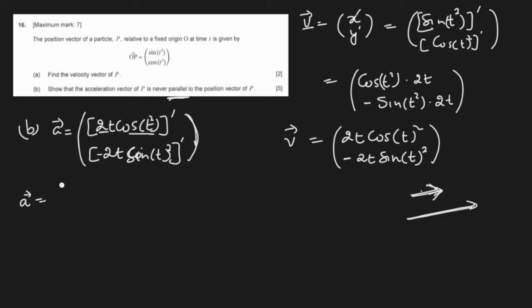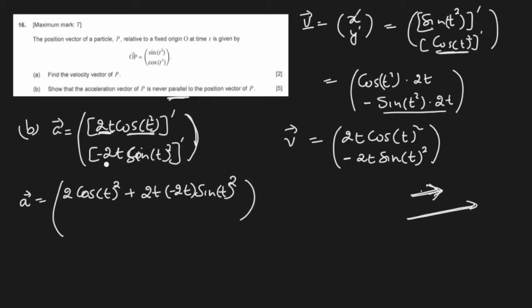A vector will be the differentiation of 2t, which is just 2, and cos t square is unchanged. Then plus 2t remains 2t, but cos t square will be differentiated, and we differentiated cos t square earlier, which is this one, so minus 2t sine t square.